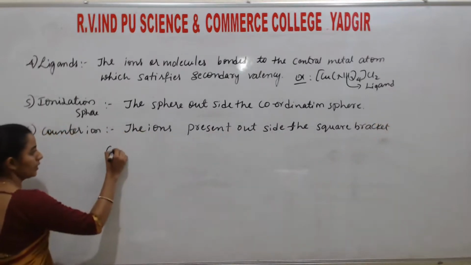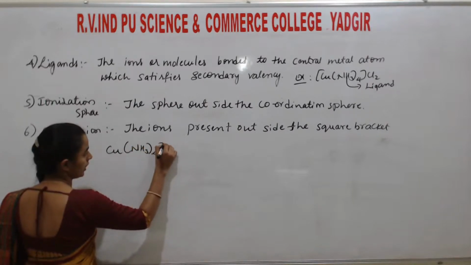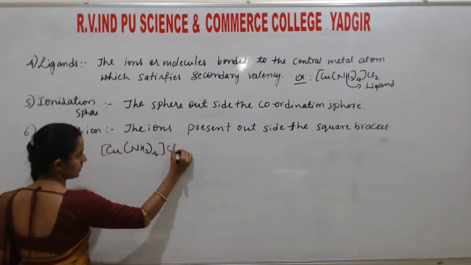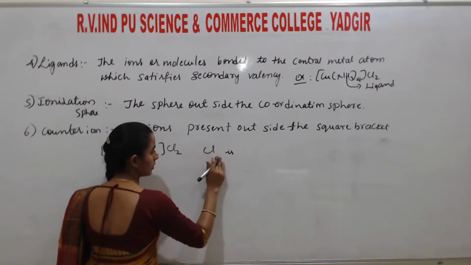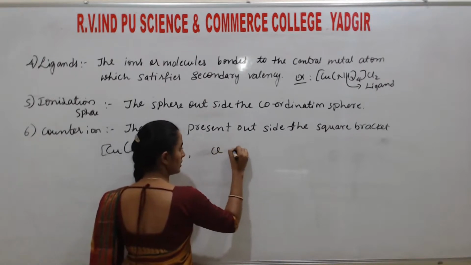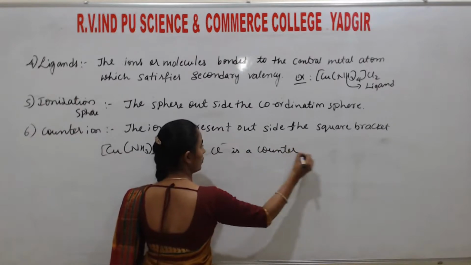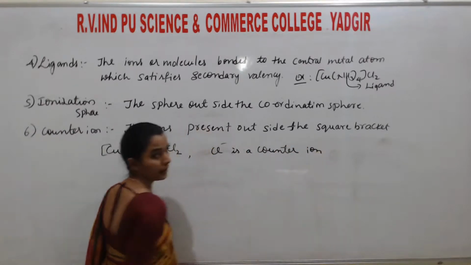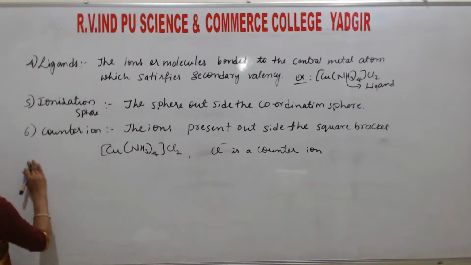So in the example, [Cu(NH3)4]Cl2, this Cl2 is the two Cl atoms, the Cl is a counter ion. Understood? Yes, Cl is a counter ion.